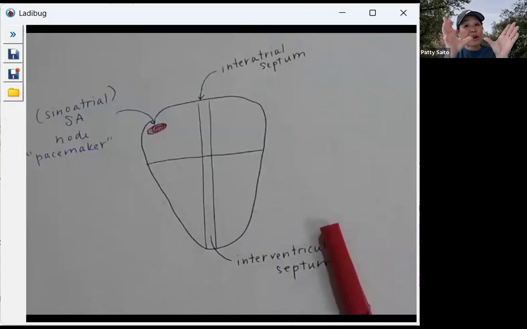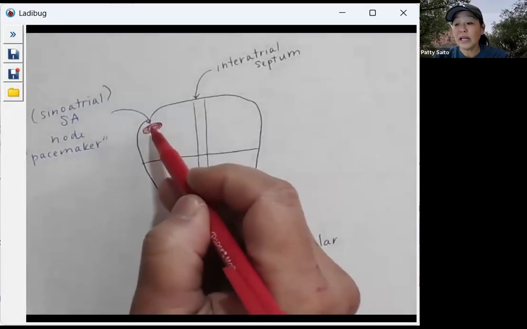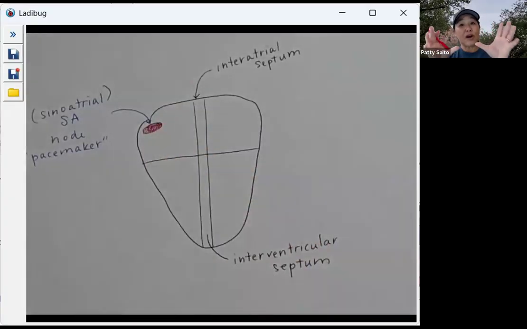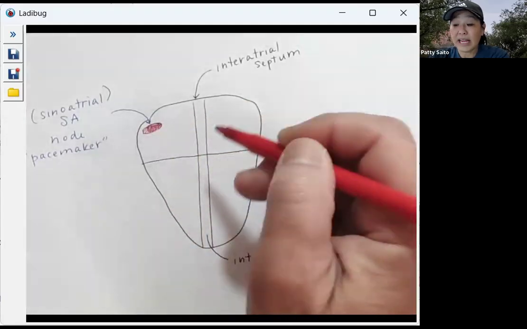But another cardiac muscle cell might have a faster rate of contraction. But when we put these together, I can't do them at the same time, slow and fast. If we put them together, they contract together at the same time. They're electrically connected. They have those gap junctions and other things. But anyway, they contract together. So the sinoatrial node sets the pace for the beating of the heart. It has the fastest rate of conduction, and it will set the pace for that beat. So that's the beginning of that conduction system.